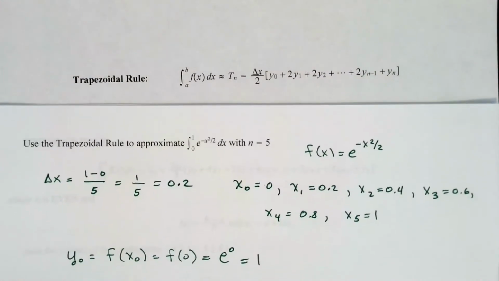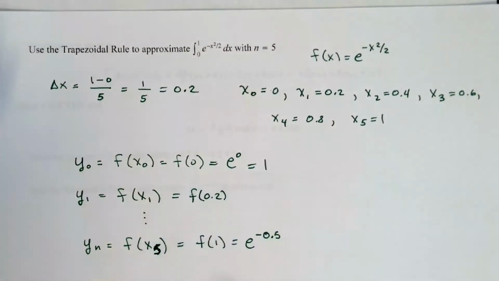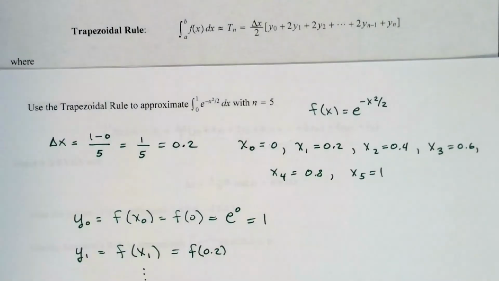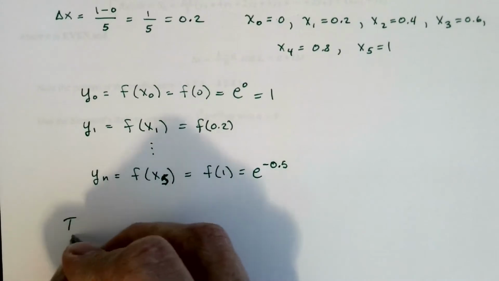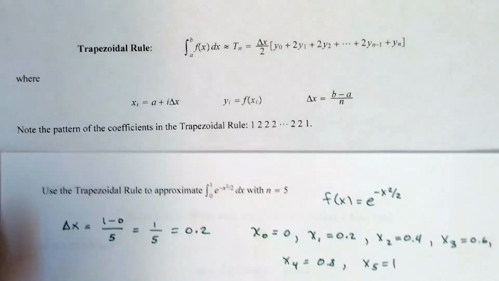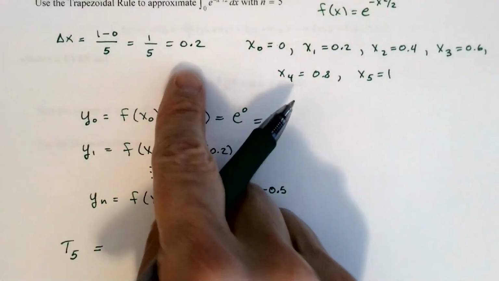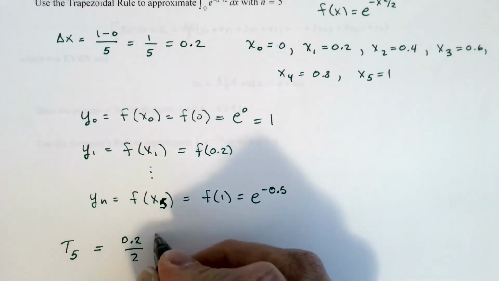And so let's do that. Let's see what that's going to look like. So T sub 5, the trapezoid rule approximation with n equal 5, is delta x divided by 2, and we've already found delta x to be 0.2, so 0.2 divided by 2, of course that's going to be 0.1.